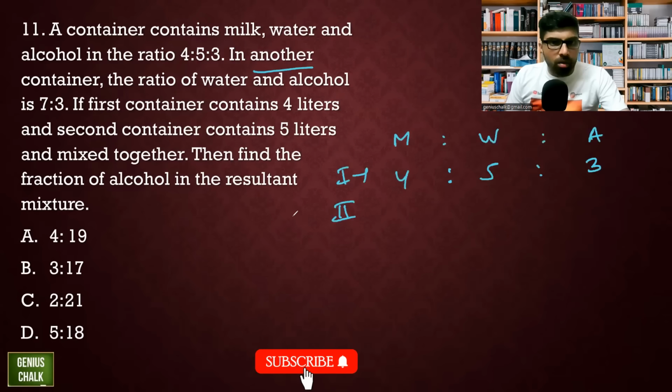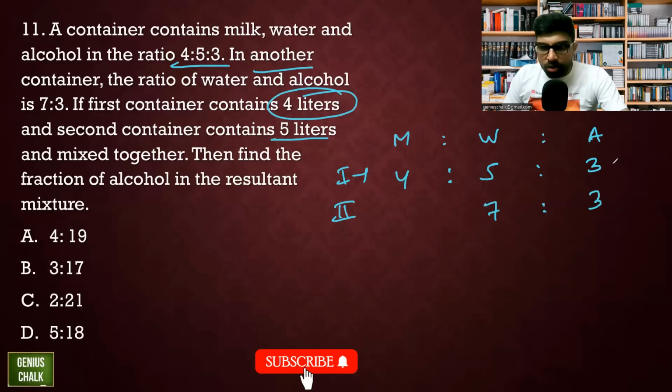Another container, the ratio of water and alcohol is 7:3. If the first container contains 4 liters, second container, okay, first container has, second container, the water and alcohol is 7:3. If the first container contains 4 liters, so this is totally how much?